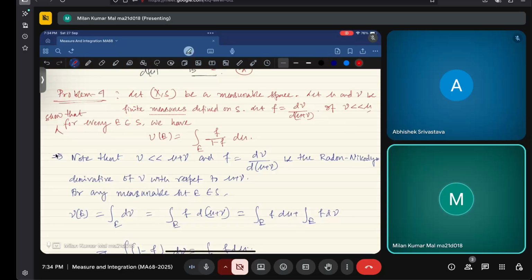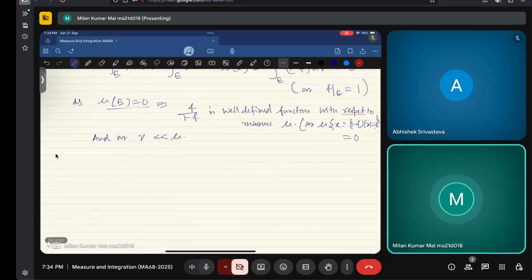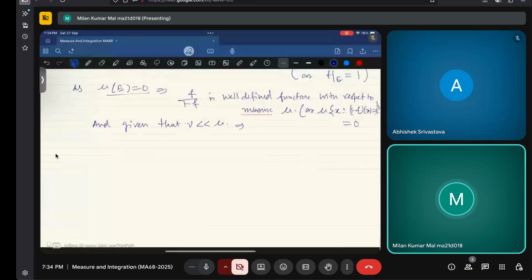Okay. So here what you can write is that, also given that nu is absolutely continuous with respect to mu, that implies that nu of E is equal to 0.